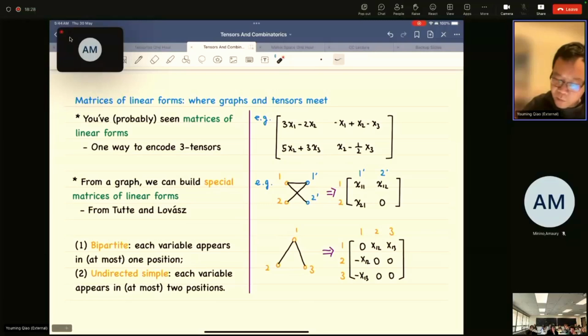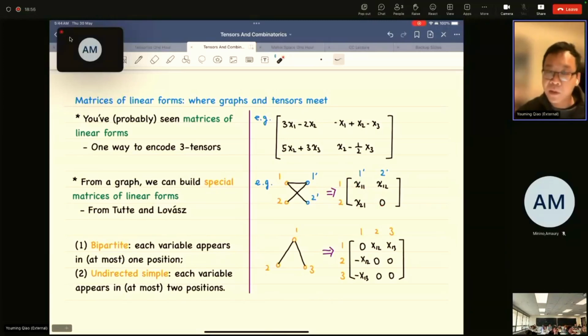Okay. So now we are going to see the formal recipe. These are just some examples. You're going to see that the matrices of linear forms we constructed from graphs are special, because for a bipartite graph, every variable appears in at most one position. For example, here you use x11 in the 1, 1 prime position, so you are not going to use x11 in another position, right?